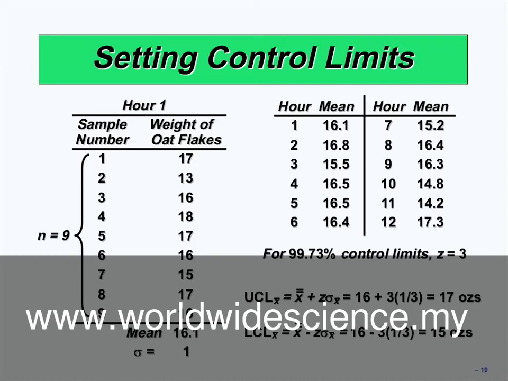X here is the weight of oat flakes. Okay, so if you sum up these 12 numbers together, 16.5 plus 16.8 plus 15.5 plus 16.5 plus 16.5 plus 16.4, 15.2 plus 16.4, and divide by 12, you can calculate X bar bar.